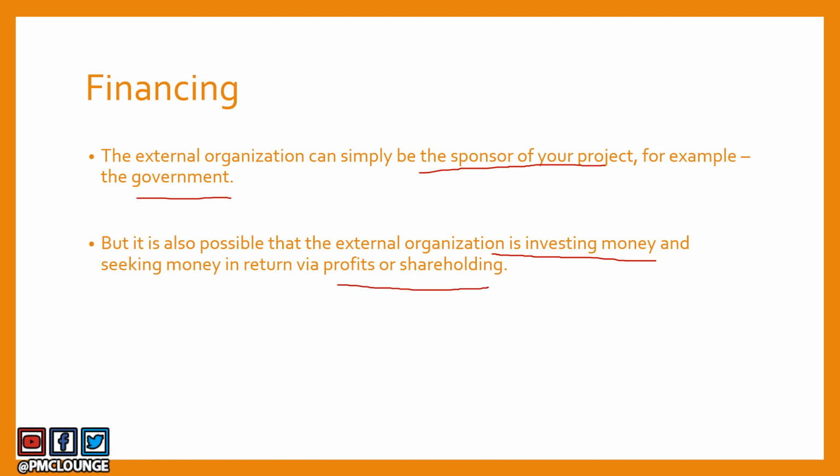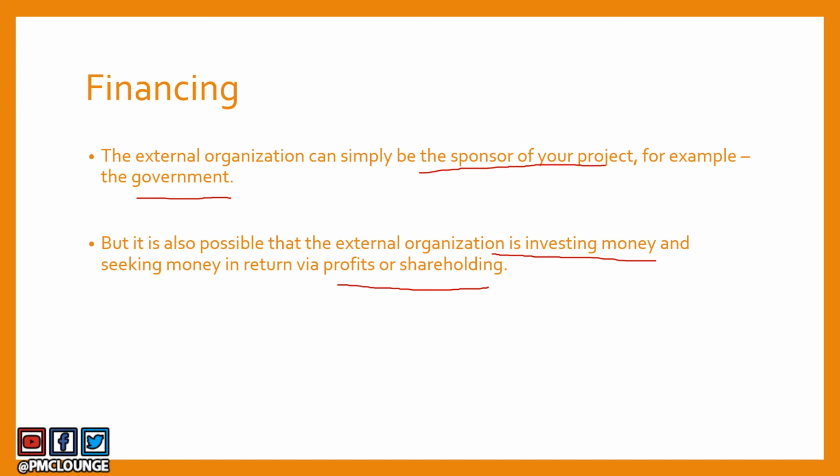So let's say you as a project manager, your organization wants to start a new e-commerce website, and the kind of funds required for this e-commerce website is not something that your organization possesses. So your project team, some of the key members, basically chart out a plan and they go to an external organization seeking funds for your e-commerce website.